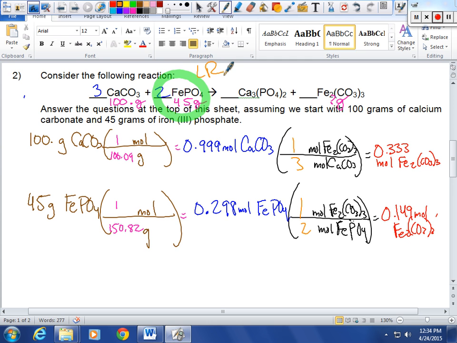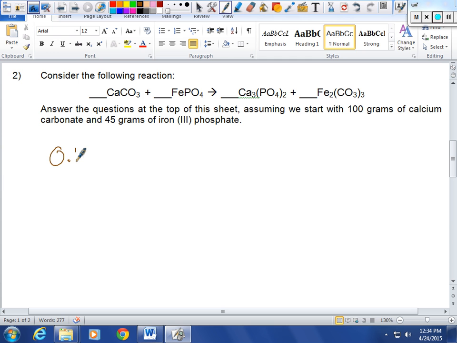So here's the deal. We've determined our limiting reactant, so can I stop and say I'm finished? No, because the question said I need grams. But here's the deal. Which one do I pick? Do I pick the 0.33 or the 0.149? I pick the least number. And so let's go one more step. So I've got 0.149 moles of that thing.